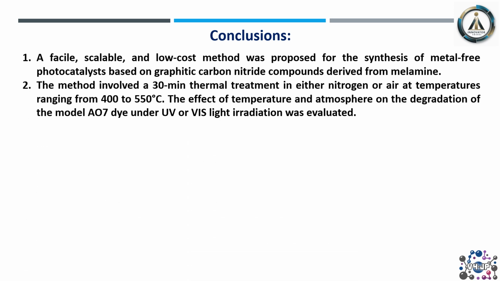The method involved a 30 minutes thermal treatment in either nitrogen or air at temperatures ranging from 400 to 550 degrees Celsius. The effect of temperature and atmosphere on the degradation of the model acid orange 7 dye under UV or visible light irradiation was evaluated.